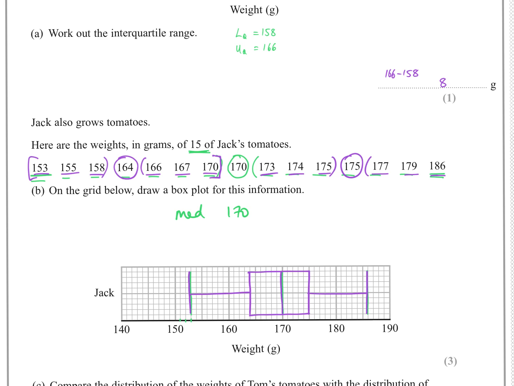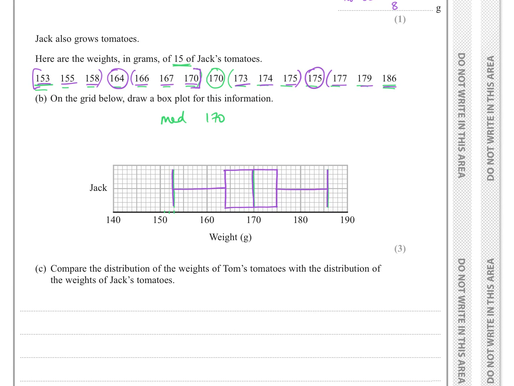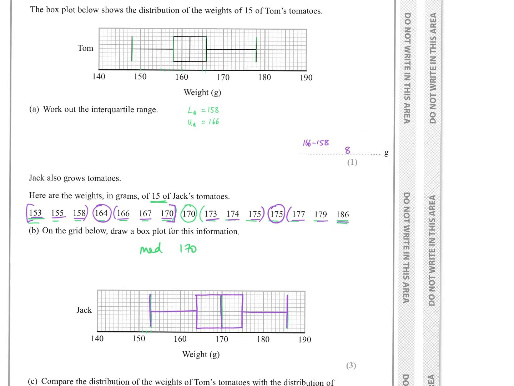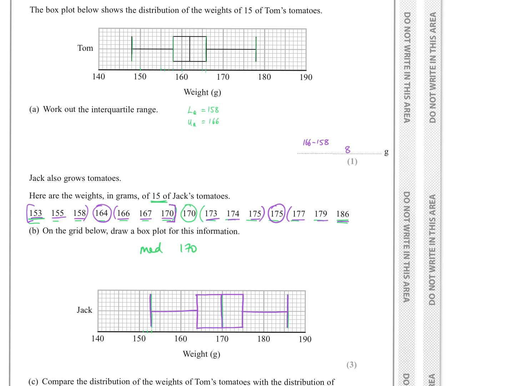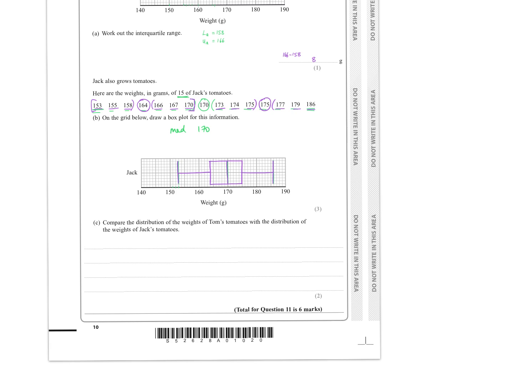Well, let's have a look what it asks for next. Compare the distribution of the weights of Tom's tomatoes with the distribution of the weights of Jack's tomatoes. Well, let's have a look what we can see. It's always good to compare the spread, i.e. the interquartile ranges first. So we can say, first of all, that Jack has a larger spread, i.e. the interquartile range, and we must give values here.